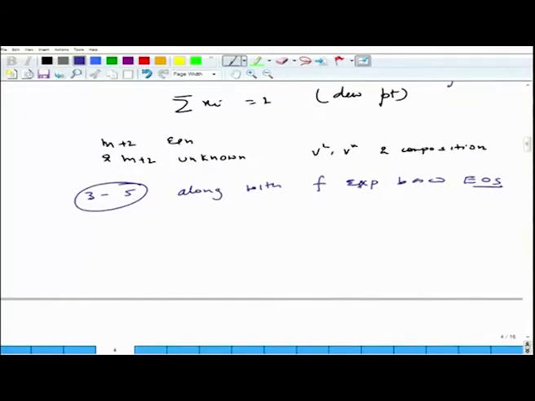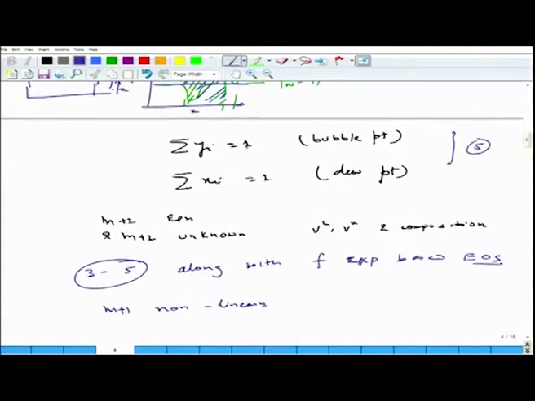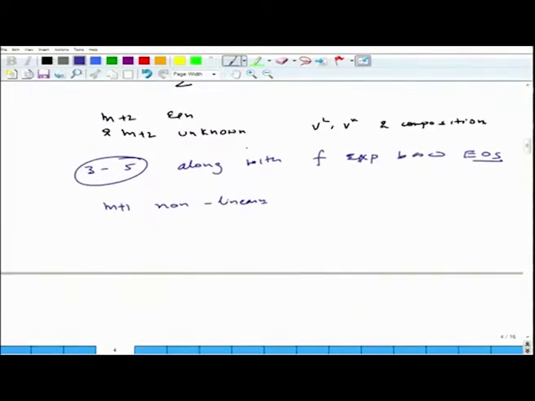This will give us m plus 1 non-linear equations and one linear equation. You can drop this also and make use of this to represent, let us say, for the case of summation y_i equal to 1, you can simply write y_m is equal to 1 minus the sum of y_i up to m minus 1.